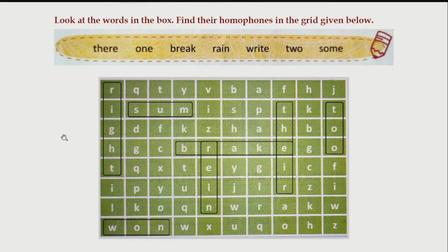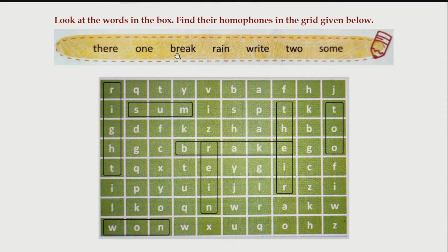BREAK. Now students, I have noticed that many of you make this mistake most of the times. This is a confusing spelling for many of you, so let me correct it right now. BREAK. This break means to break something, koi cheez ko todna.